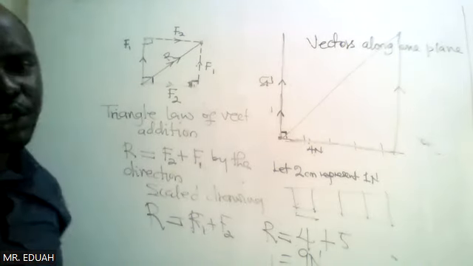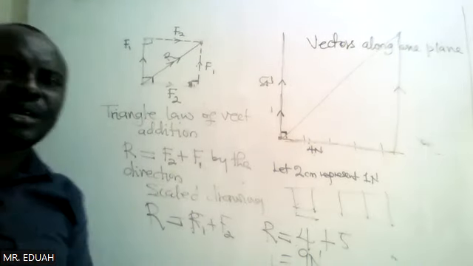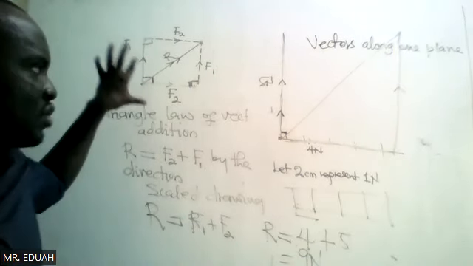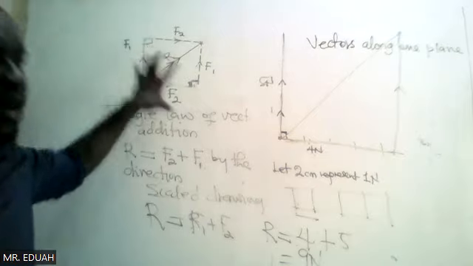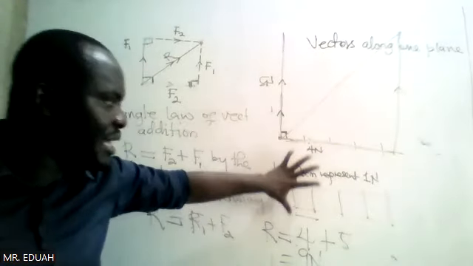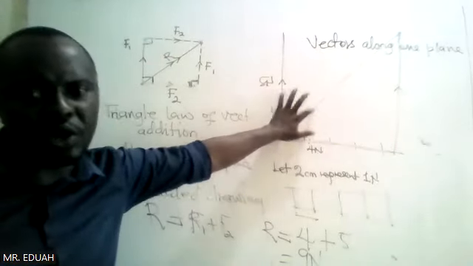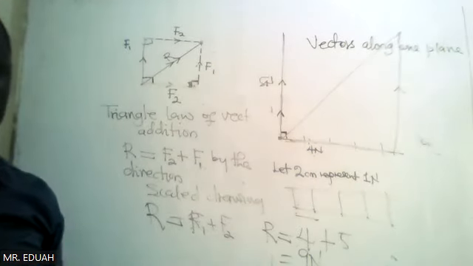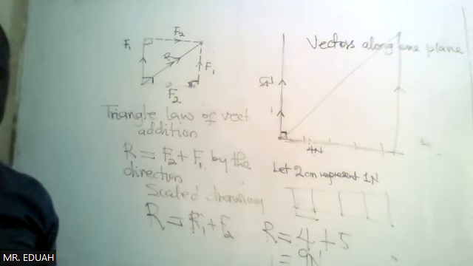You use Pythagoras theorem when the drawing is not scaled. When it is scaled, you can simply add them using the triangle law of vectors. That's what I'm saying. Are we okay?